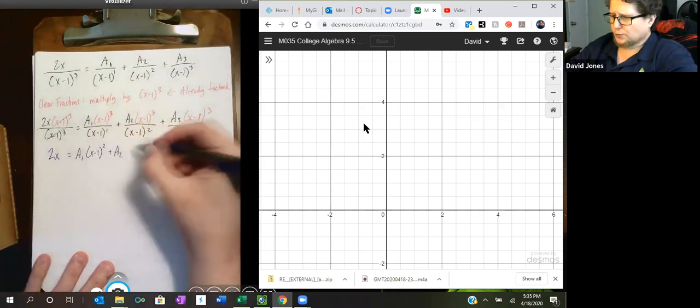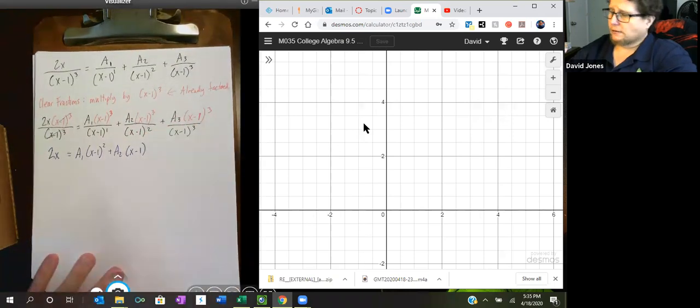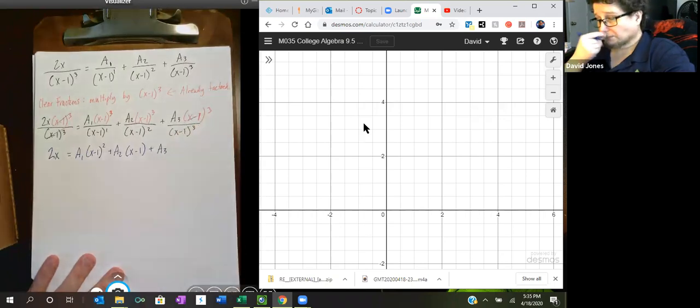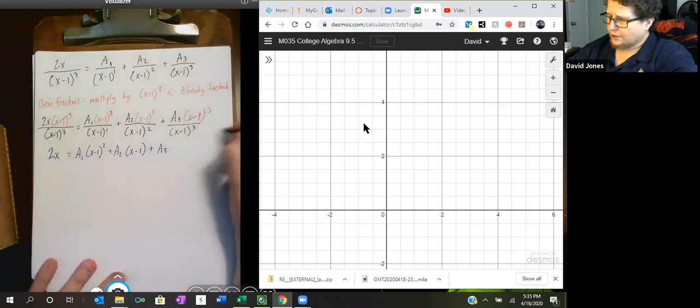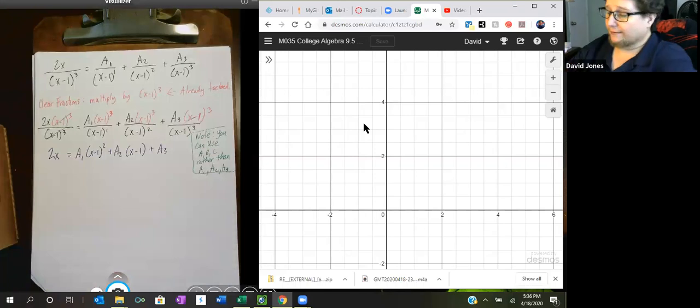For a2, two of them go away. I'm left with x minus 1. And here, all of them clear. We have a3. And note, you can use A, B, and C rather than a1, a2, a3. I was just using it consistent with the descriptions I gave you.